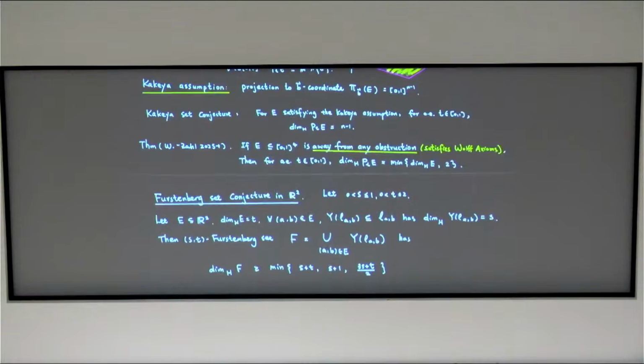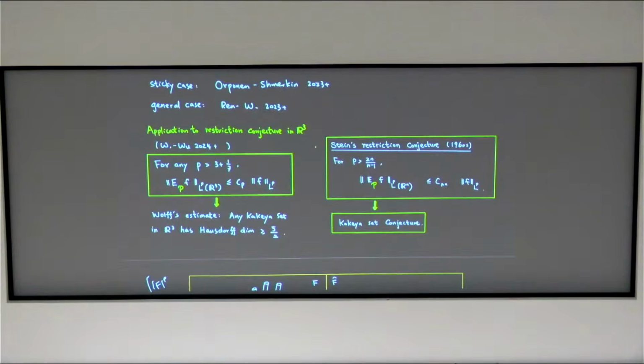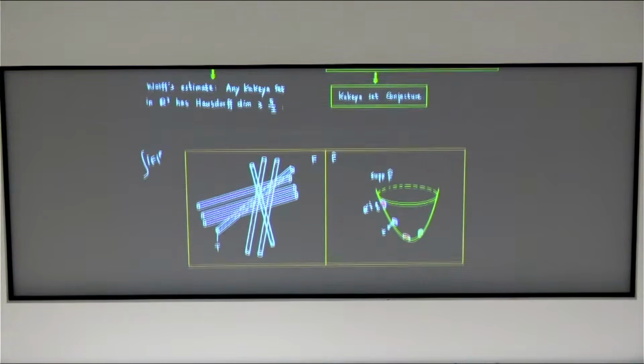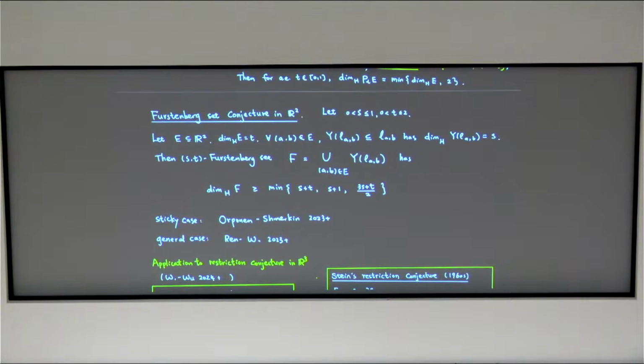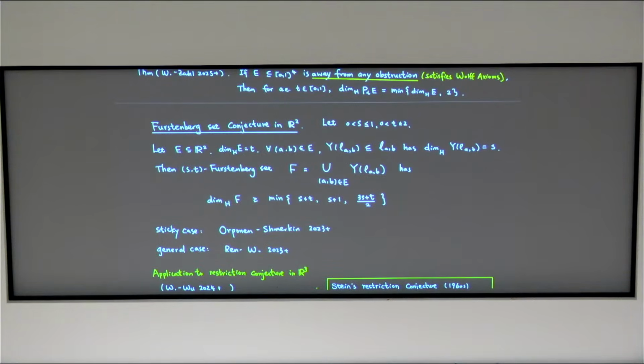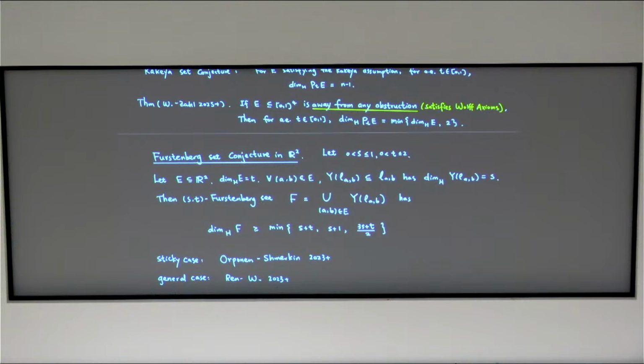Let me try to describe it. Previously, one could imagine that starting from the techniques of this Furstenberg set in R2, you could try to do something in R3 to study the Kakeya set problem.